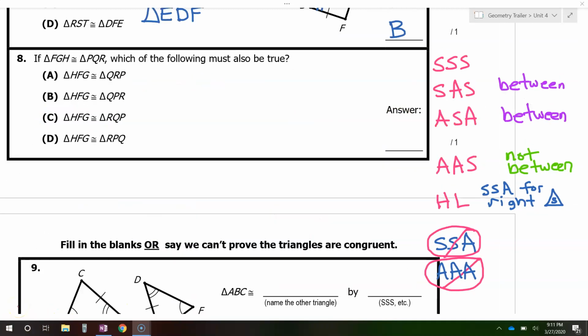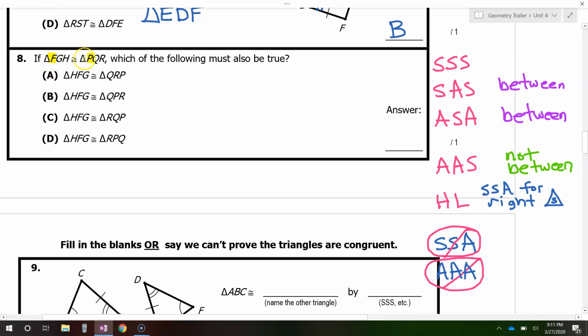All right, number 8. If triangle FGH is congruent to triangle PQR, which of the following must also be true? Okay, well, notice the connections. F is first, and P is first.